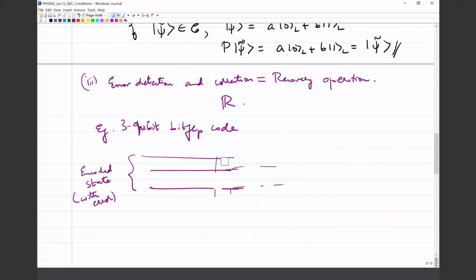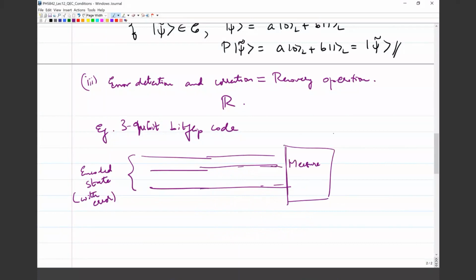But that procedure can simply be thought of from a just mathematical or algebraic point of view. I don't need to invoke all these ancilla qubits and syndrome measurements. What I can say is I do some measurement here, and conditioned on that, I perform some unitary. And that unitary in the case of the bit flip code is simply either X1, X2 or X3.